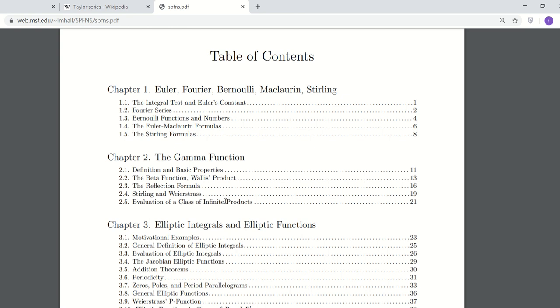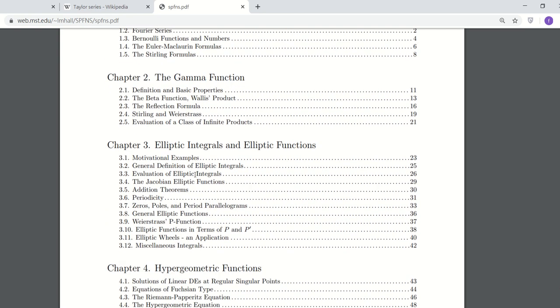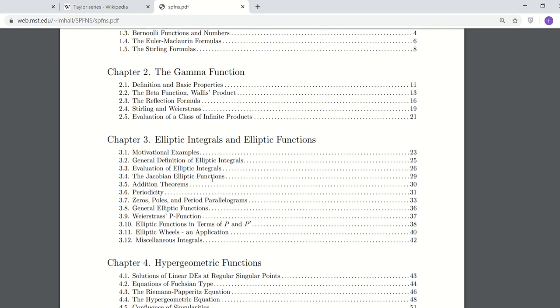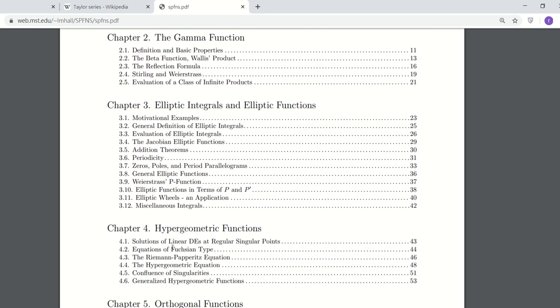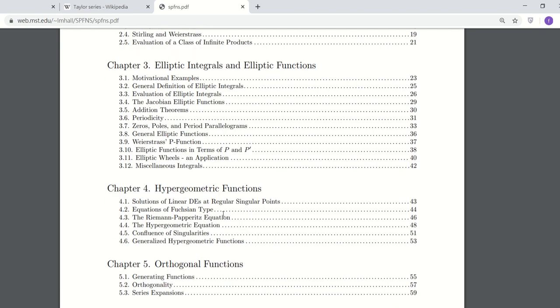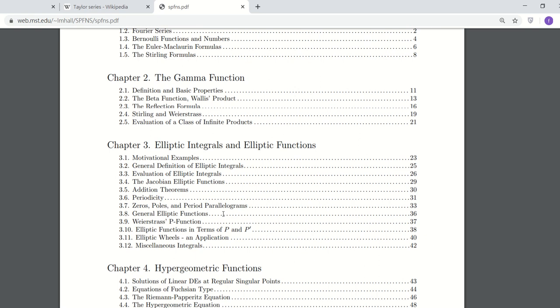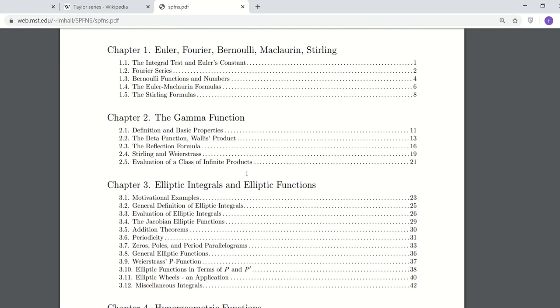So there are infinite products. And then, of course, you have Jacobian functions, hypergeometric functions, and so on and so forth. Just to summarize, we have a lot of spatial functions, and the Bessel function, gamma function, and beta function are the types that we encounter more often.